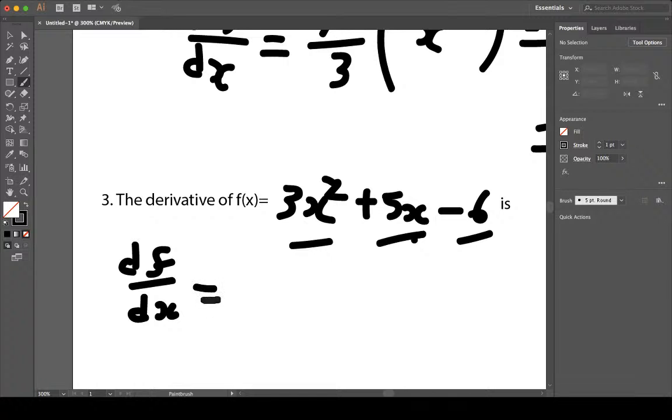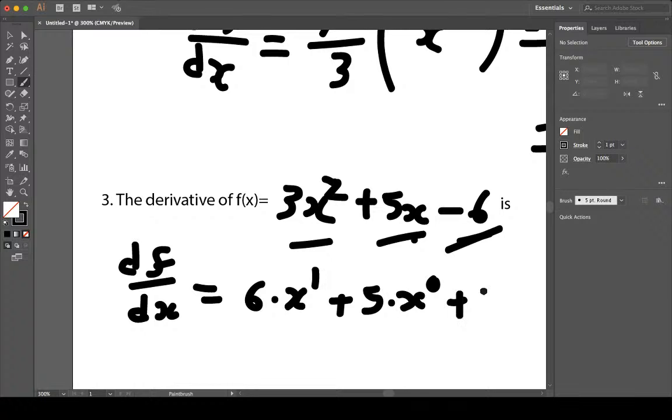So just multiply this 3 by this 2, you'll get 6. Multiply that by 2 minus 1, which is what? X to the power of 1. And then for this guy here, plus 5, which is basically 1 times 5, that's 5. Multiply that by x to the power of 0. And then this last guy here is a constant. So yeah, we could just say that it's plus 0 because it's a constant.